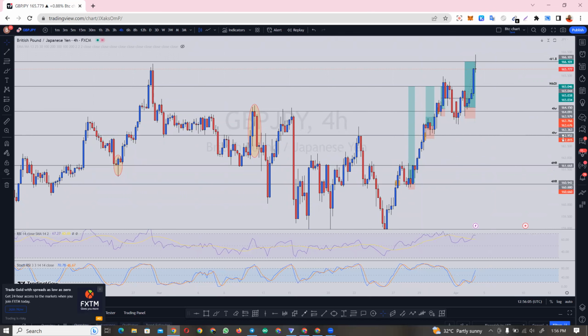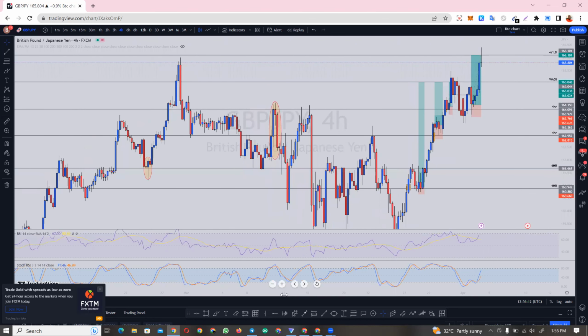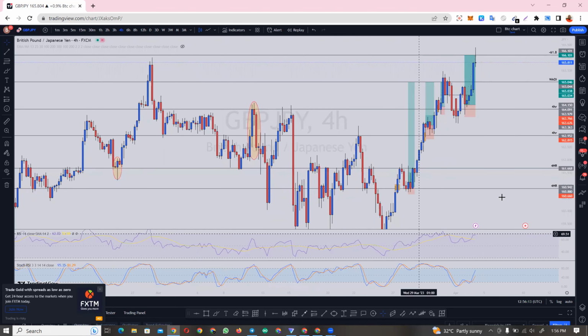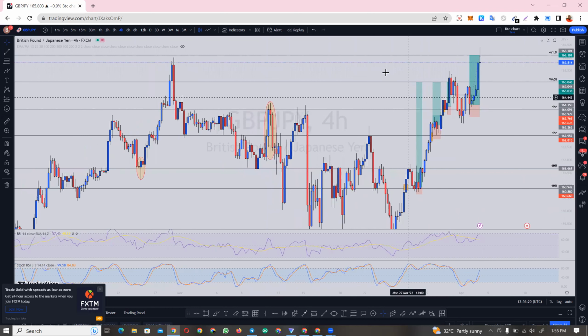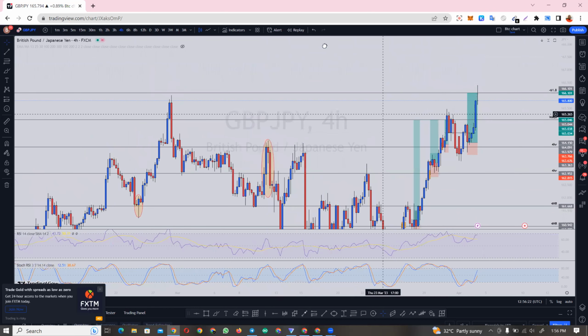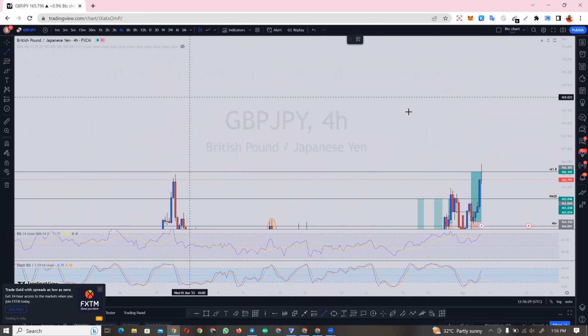So let's begin. I have marked my 4 hour demand and supply zones, as you can see here. First, let me give you a sketch, an illustration of how I look for my 4 hour supply and demand.